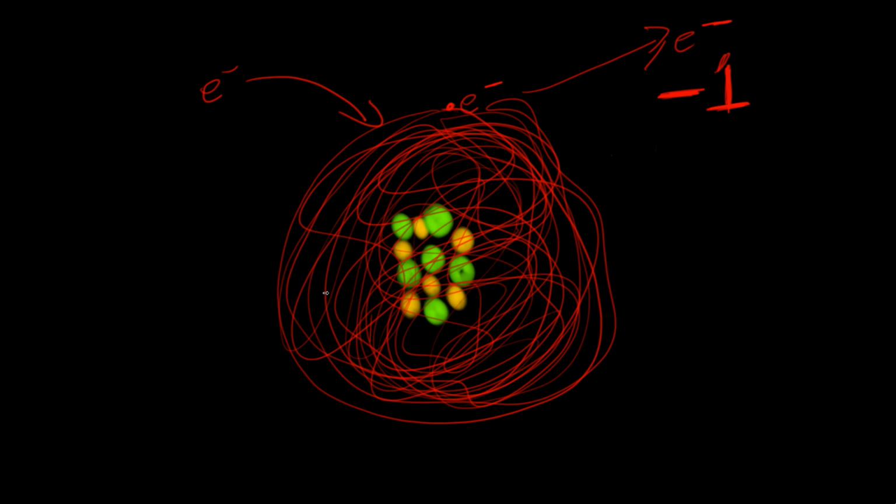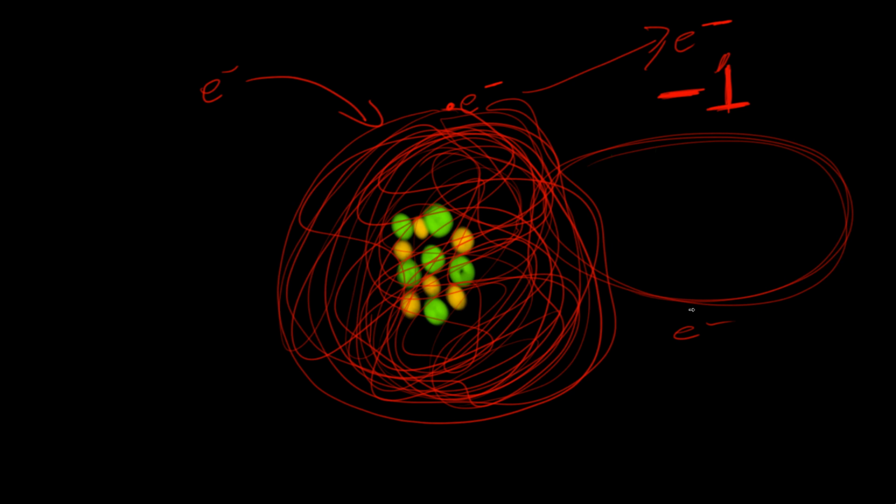Different situations, sometimes that will happen. Sometimes an electron can be shared between 2 atoms. So we can have electrons becoming part of an atom, we can have electrons leaving an atom, and we can have the sharing of electrons. And this concept becomes really important later on.